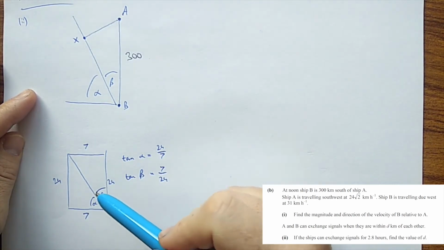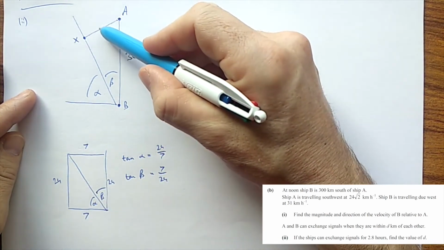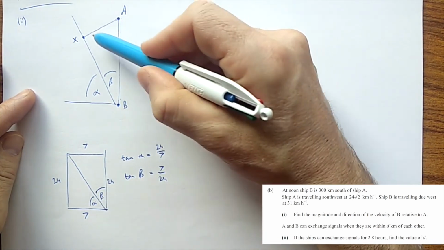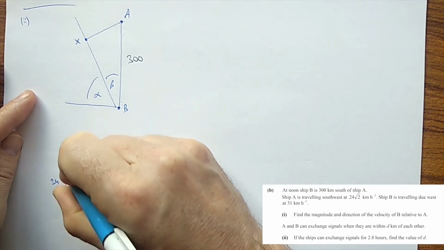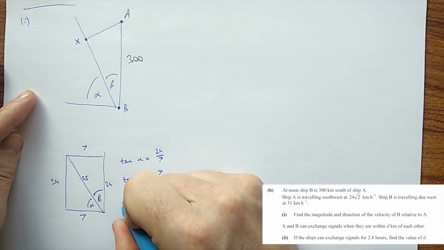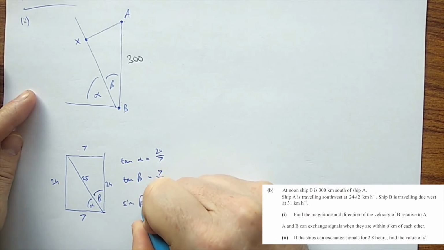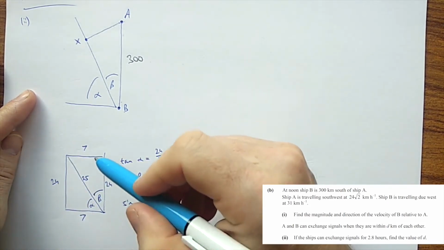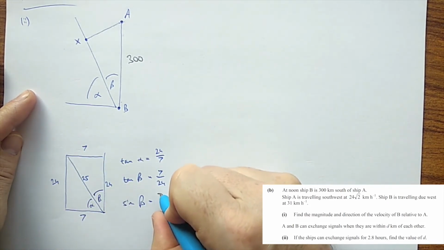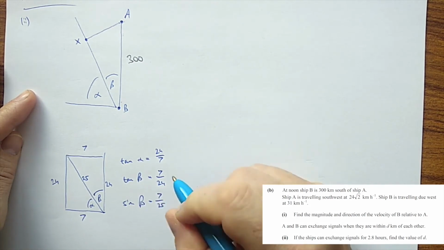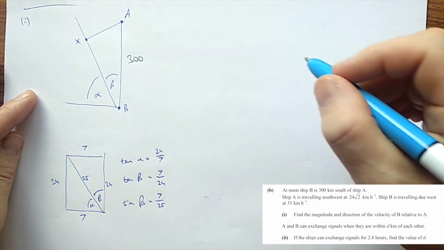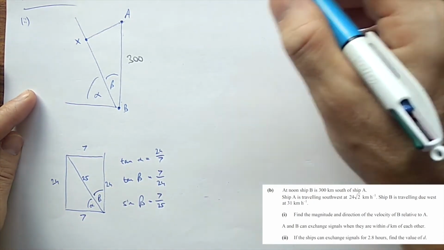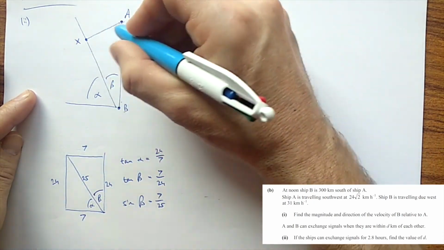Now in this case, it's not the tan of beta I'm interested in, it's the sine of beta, because I know the hypotenuse and I want the opposite. So we know the middle one here is 25. The sine of beta, not even going to go into angles, I can get this directly, is 7 over 25. And that's what I'm going to use in the rest of this equation. Let's come back to this diagram. I would like to know AX.